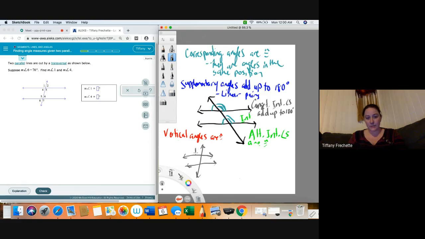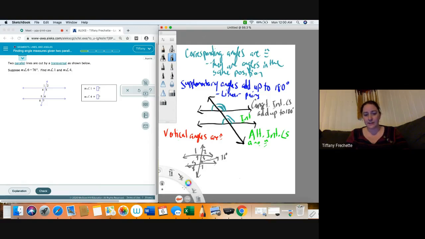So we have 1, 2, 3, 4, 5, 6, 7, 8. Okay, gotta learn to write a little tinier on here. All right, and it tells us that this angle here, angle 6, is 67 degrees. And they want us to find angle 1 and angle 2.